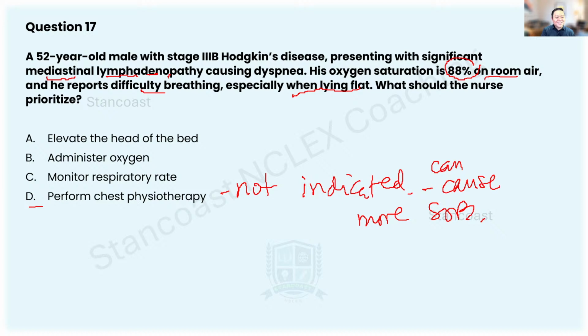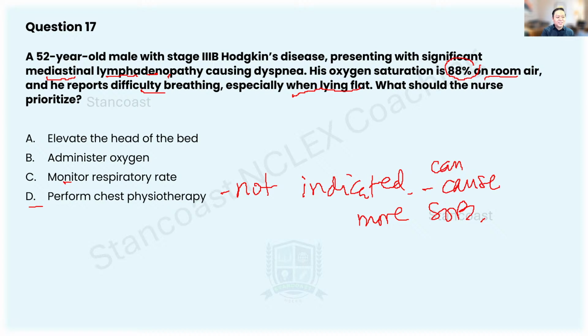All right, letter C, monitor respiratory rate. Do you think that this is going to be necessary? Of course, this is necessary, but do you think that this is going to be the immediate best answer? No, it will not be as important compared to the best answer.